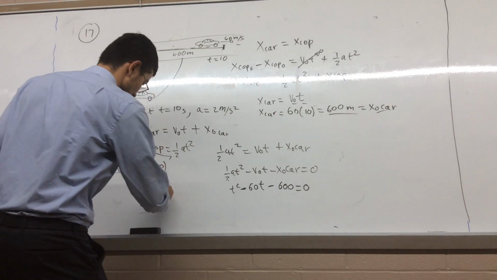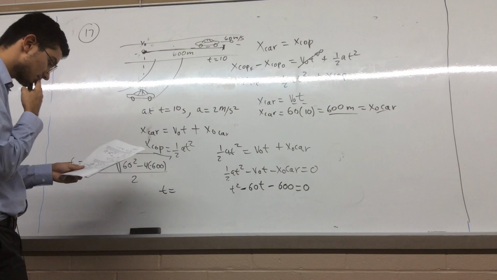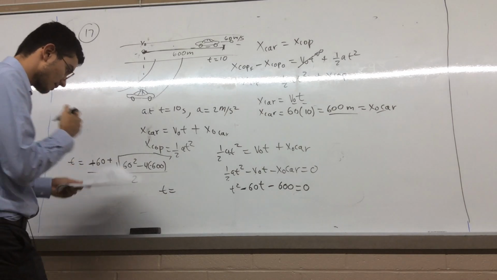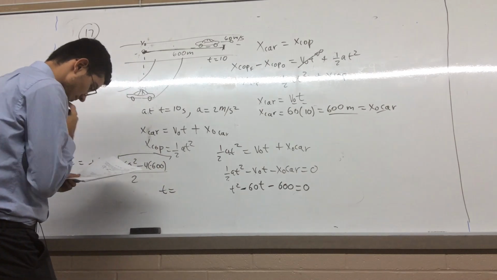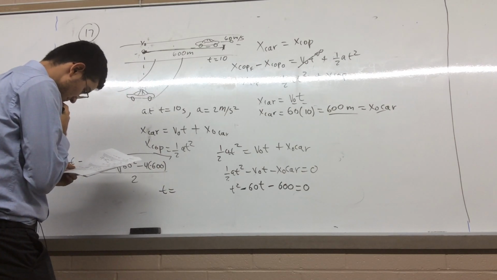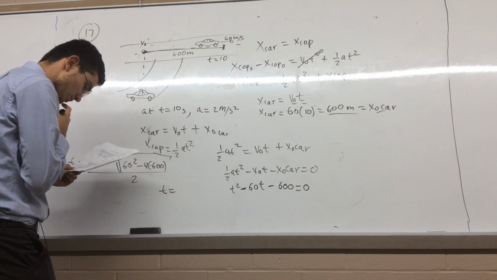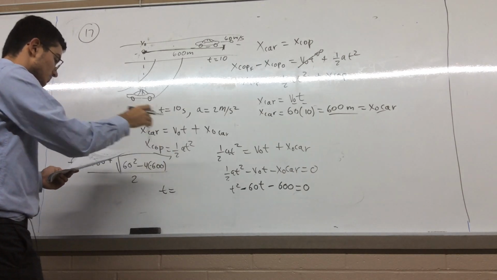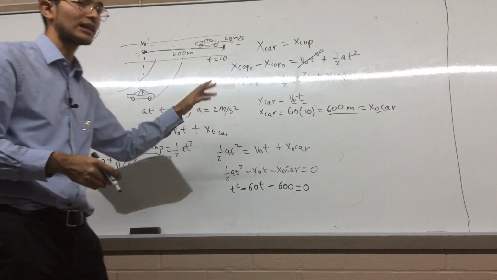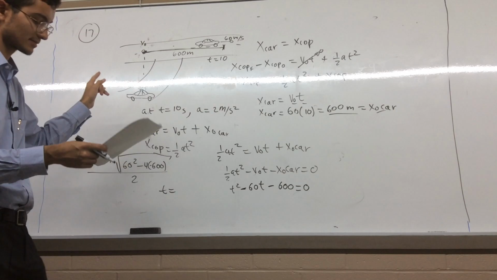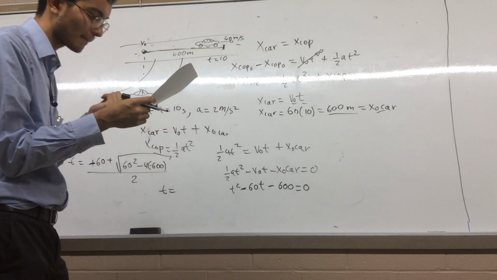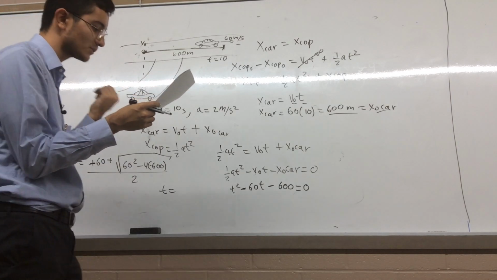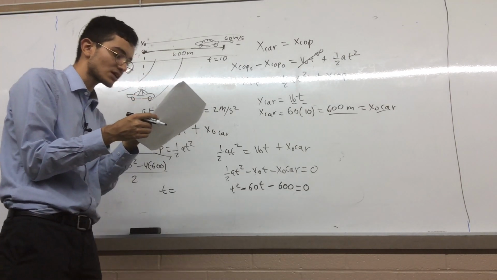So t is going to be some number. I don't remember what it was when I put it here, but you're going to plug that number into the equation that will allow us to find the distance, because we're asked to find how far in meters from the original point the police car will catch up with the car.